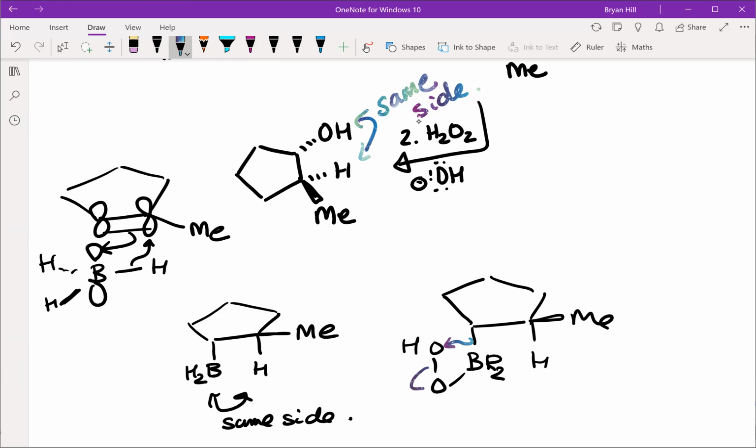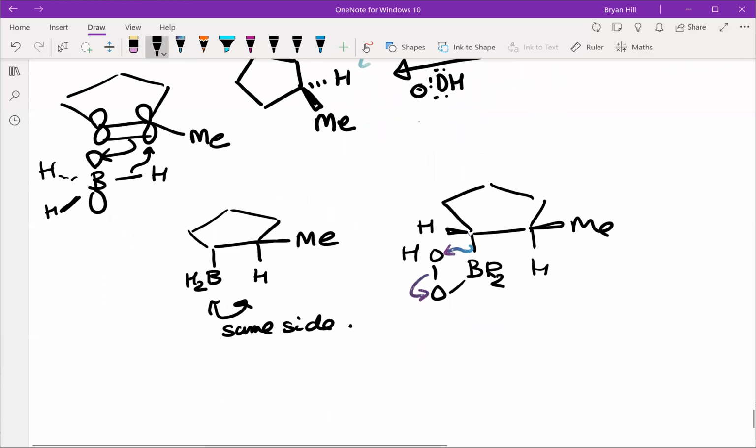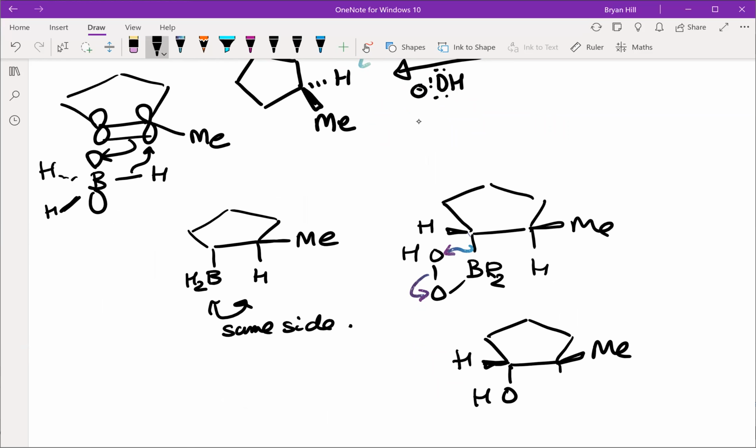It is still going to end up being down, it's not going to go up because there's a proton over here, which we hadn't drawn. So the migration takes place with retention of chemistry. So in the end, when we have our final product, this methyl's up, this proton's up, the OH and the H will be still on the same side.